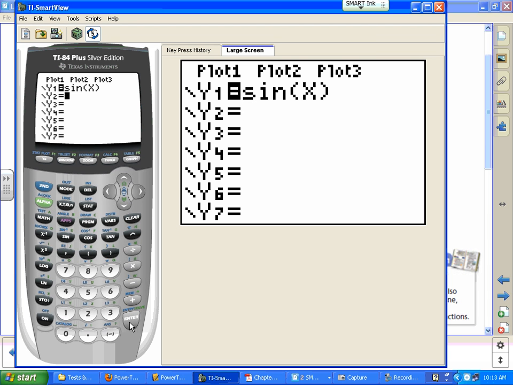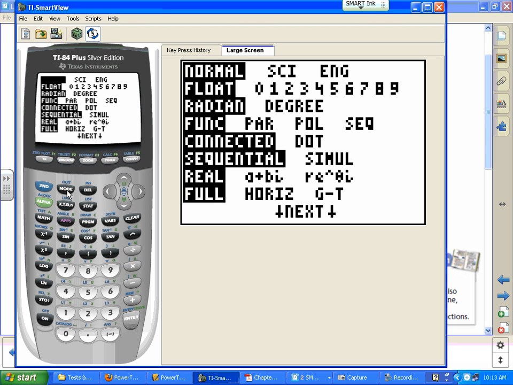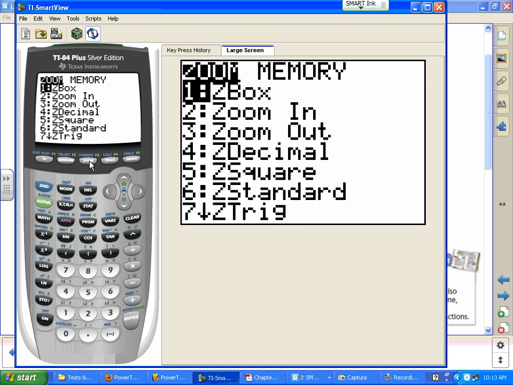Now, make sure your mode is in radians. Okay, so we have sine of x in our y equals, our mode's in radians. Okay, and then hit zoom 7.